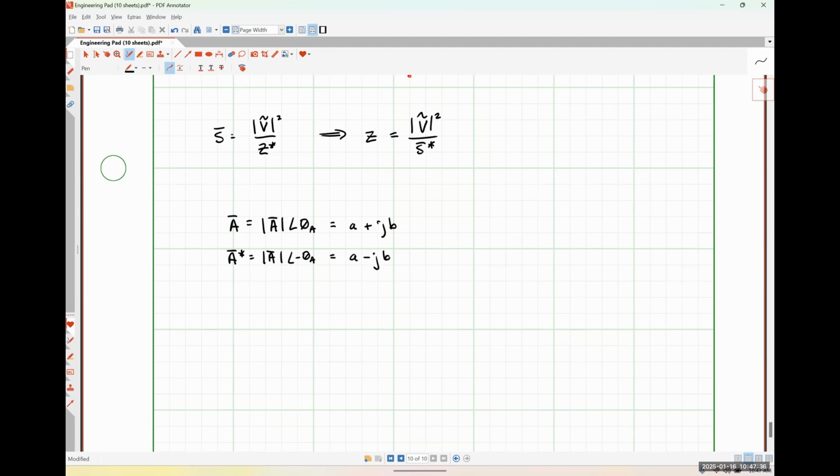So the conjugate operation on a polar number switches the sign on the angle. On a rectangular number, it just switches the sign on the imaginary part. That's it.